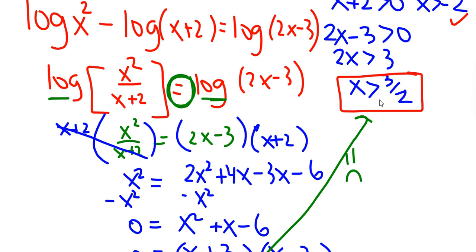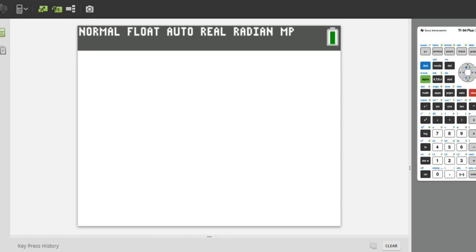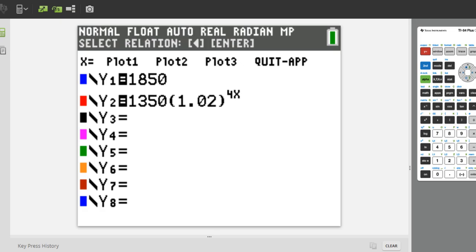Okay, so now in this case here, because I have quite a big question, I'm going to use y1, y2 intersect. The other questions, it was just straight numbers. So I'm going to go into my calculator. Let's clear out what we were last working on. And I'll enter in the left side of the equation, and do it exactly as the original, just in case we made a mistake when we were rearranging it.